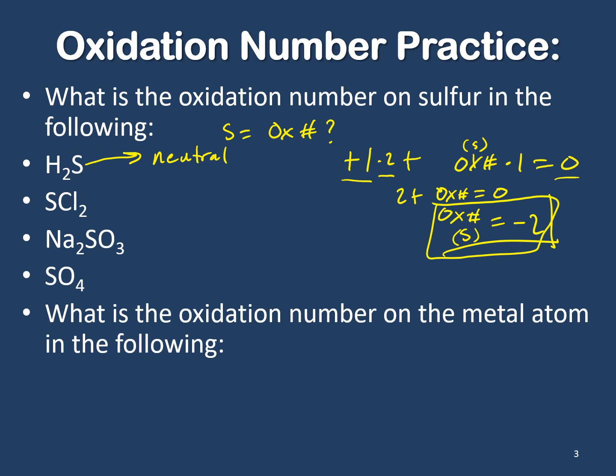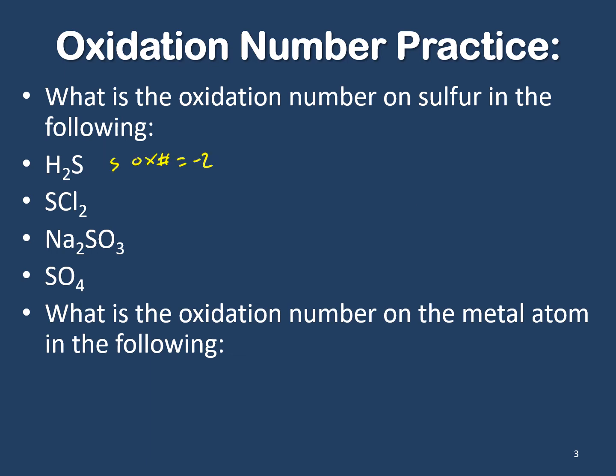But let's do another example. All right, so let's do SCl2. This again is a neutral compound, so we know that all the oxidation numbers in this compound must add up to 0. So I have my oxidation number of sulfur plus 2 times the oxidation number of Cl. Well, we have a rule for Cl, or all the halogens really.